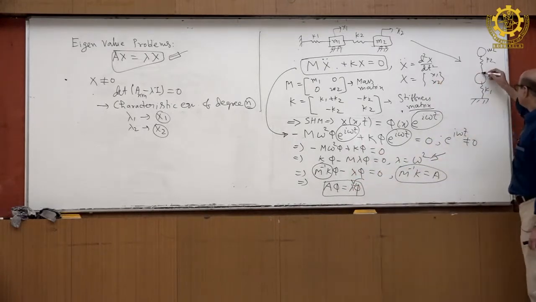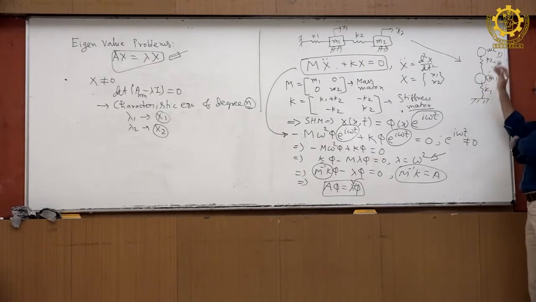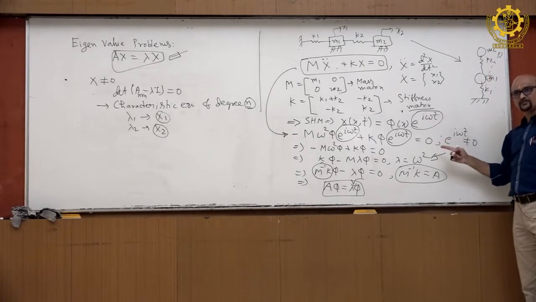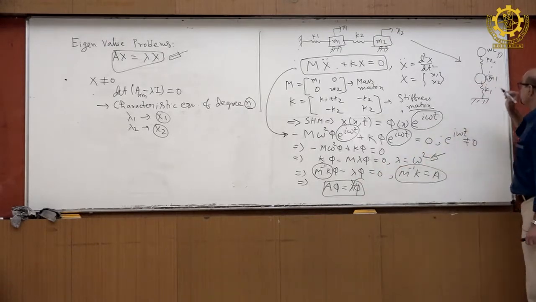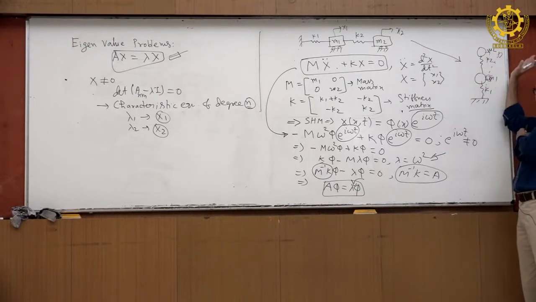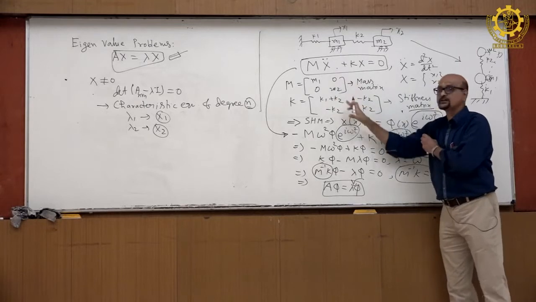So, what are those physically? Phi 1 is actually the deflected position of this, how it deflects in the first mode, that is lambda 1. For lambda 2 I have phi 2, that means for phi 1 these two masses are going in the same direction. If you solve that, you can see if I give some m values and k values.